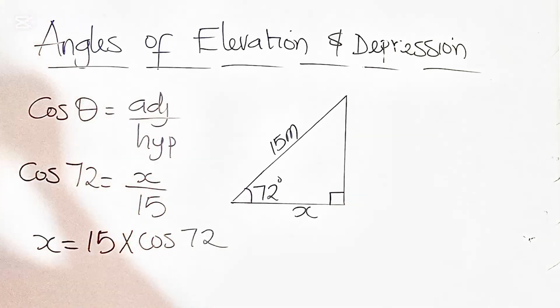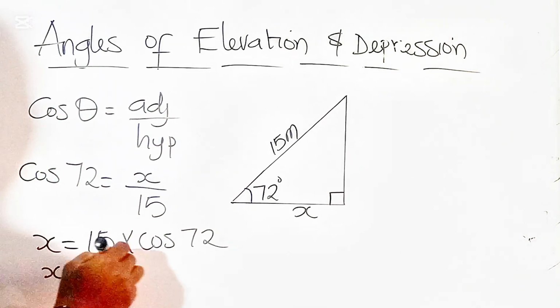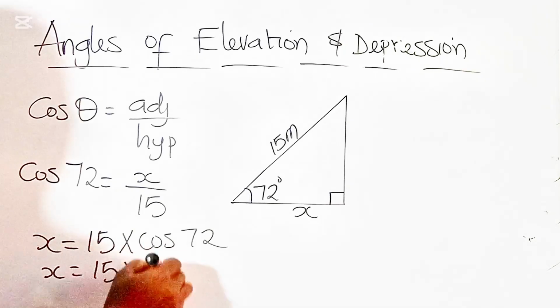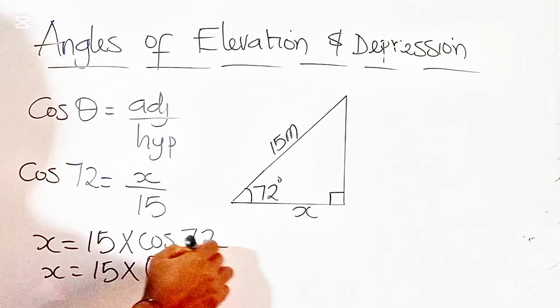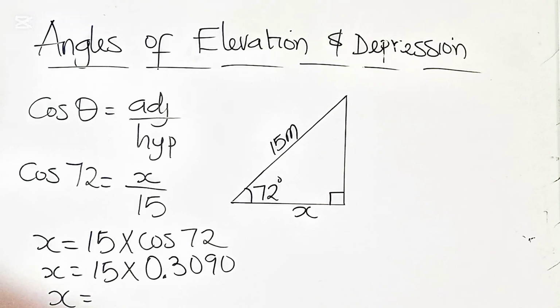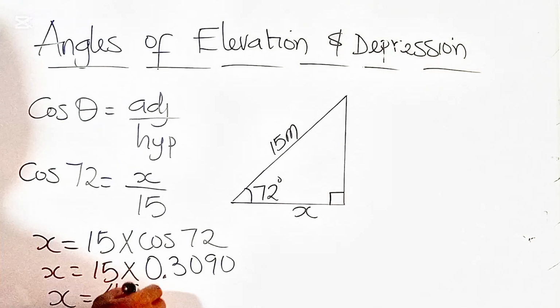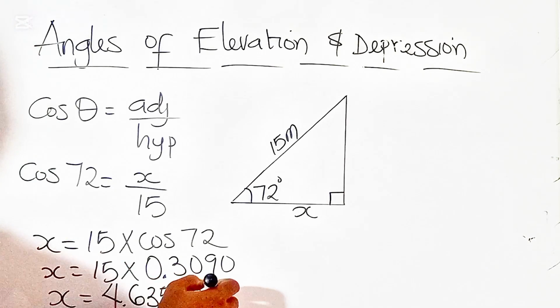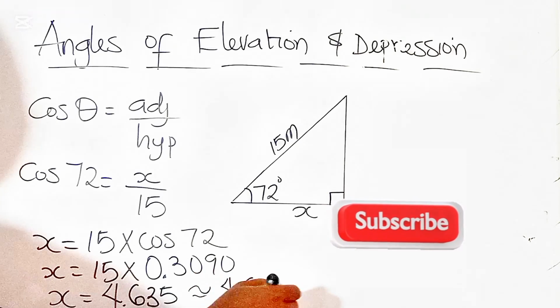Let's find cos 72 under our cosine table of values. x is equal to 15 times 0.3090. So we have the value of x, which is the distance between the foot of the ladder and the pole, to be 4.635. We approximate this to 4.6 meters as the answer.